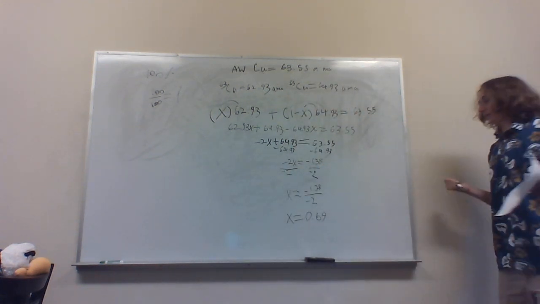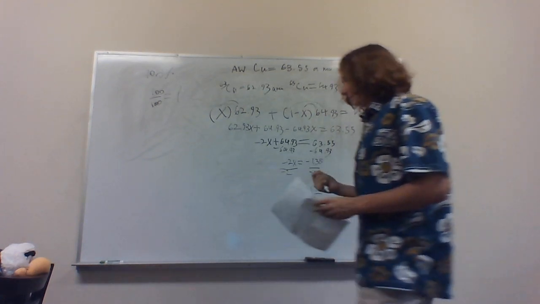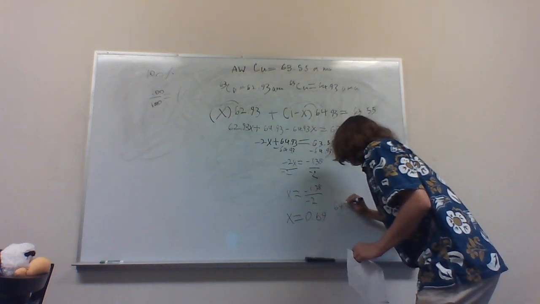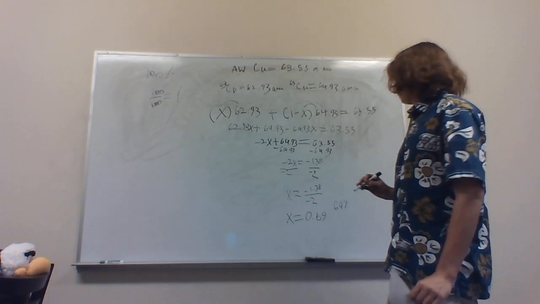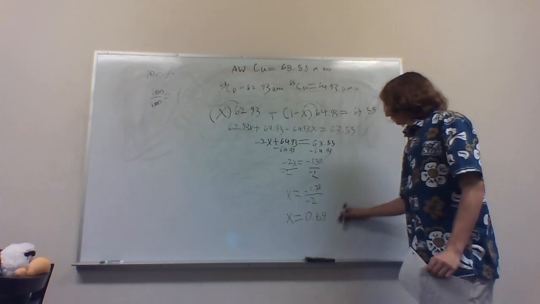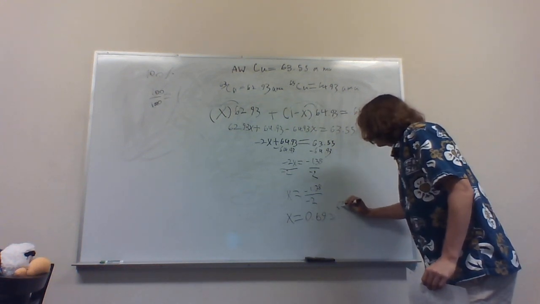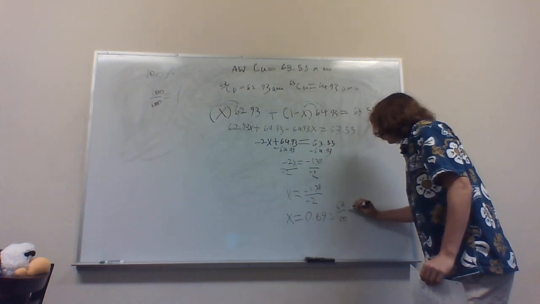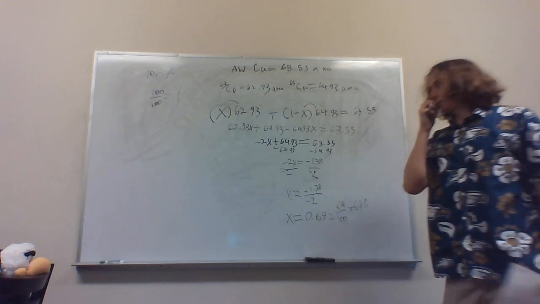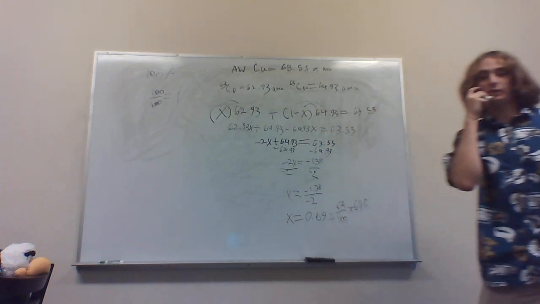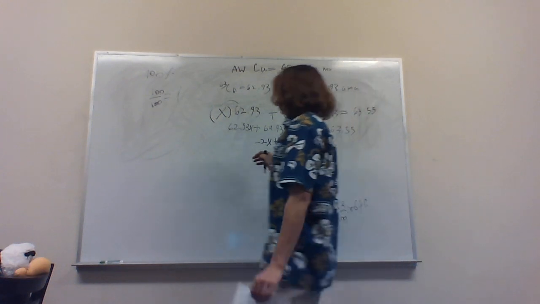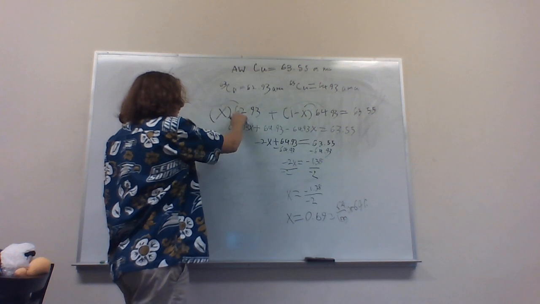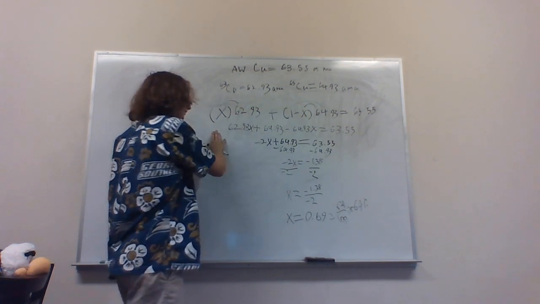Now guys, take a guess what this means. That's right, 0.69 is equivalent to 69%, or 69 over 100. So we found the natural abundance of our first isotope: the isotope of copper with mass number 63 has a natural abundance of 69%.